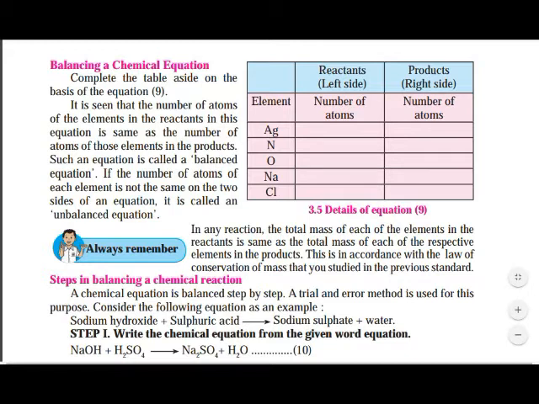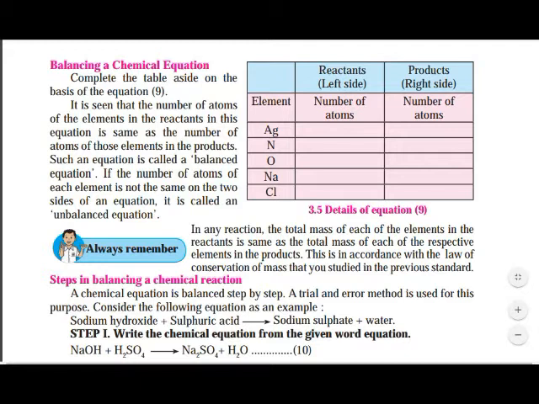If you look at the RHS, the atoms of the element Na is only 1, hydrogen is 3, sulfur is 1, and oxygen is 5. On the left side of the equation, the number of sodium atoms is 2.